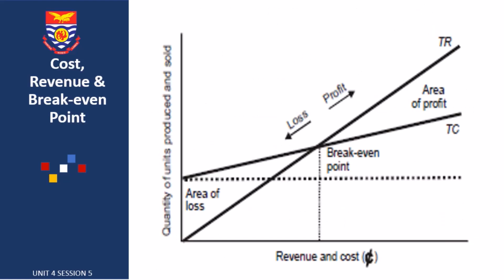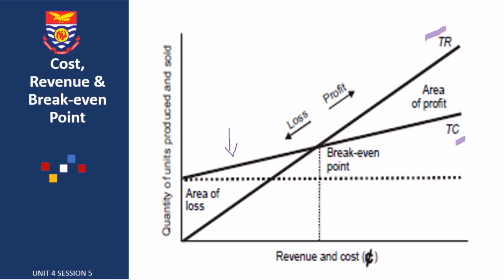Now, let us look at the cost, revenue, and break-even point. As this diagram depicts the relationship between the total revenue and the total cost, this is the total cost graph.